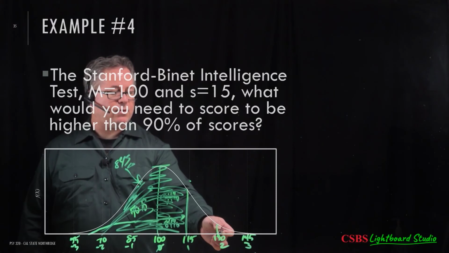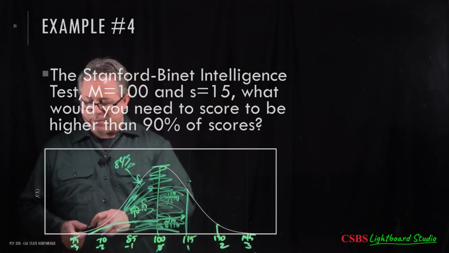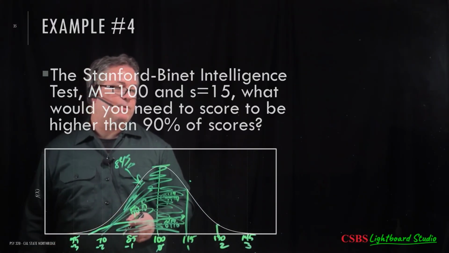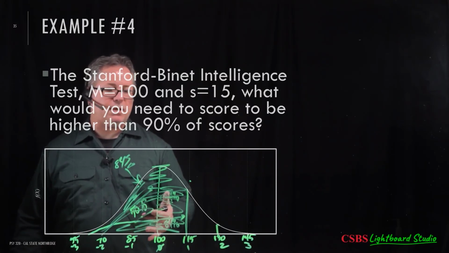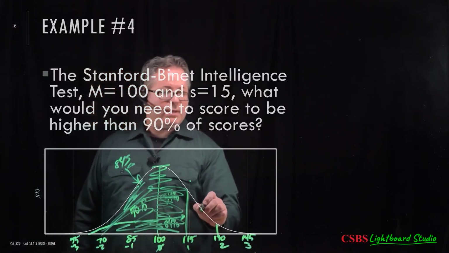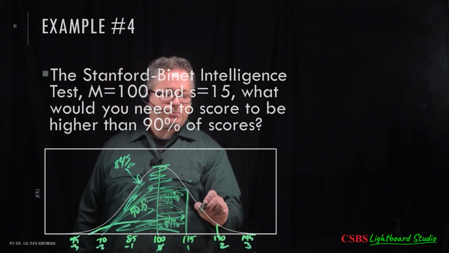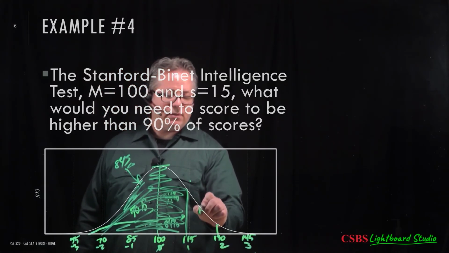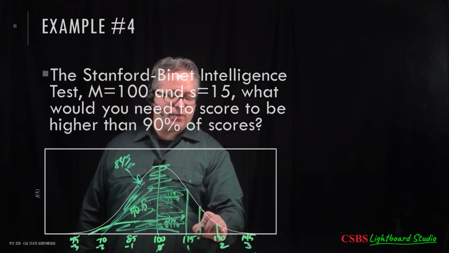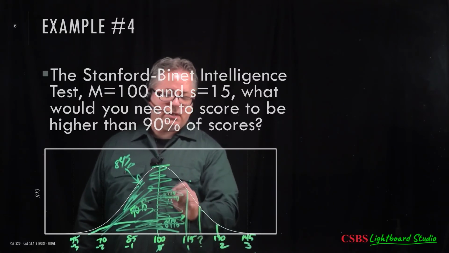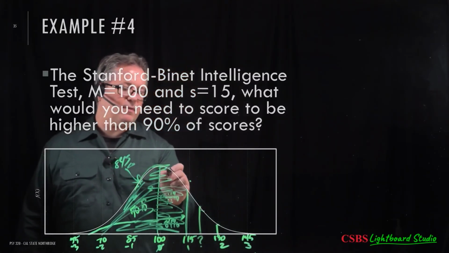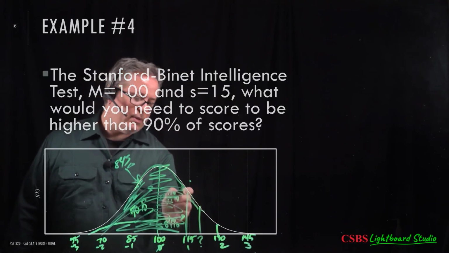So it's too far. Whatever I'm looking for in terms of the area, I don't know what number it is, but it's got to be somewhere in between here, because whatever this number is, I need 90% of the distribution to be all the way up to that point.